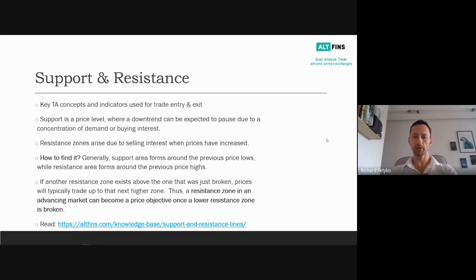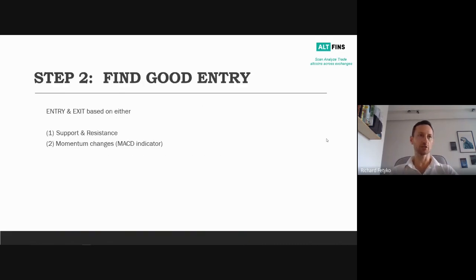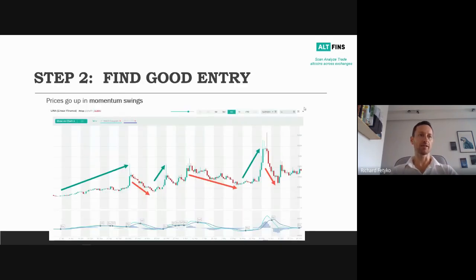Support is typically a level, let's get back to that chart here. Support is a level where the price finds the bottom. And what happens? Well, the price shot up. The guys that bought it up here in the first leg up are all making money hand over fist. And they're greedy.